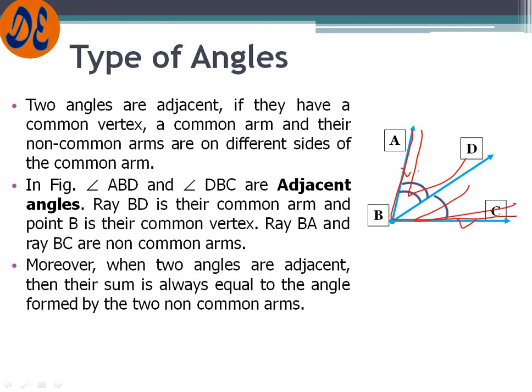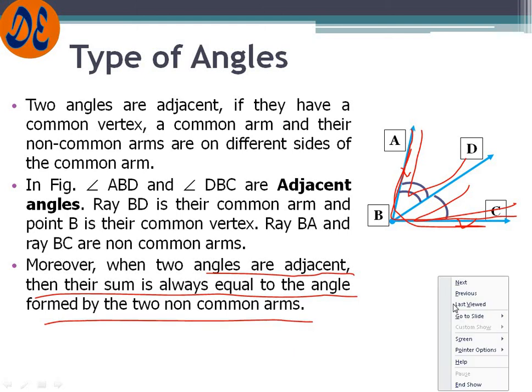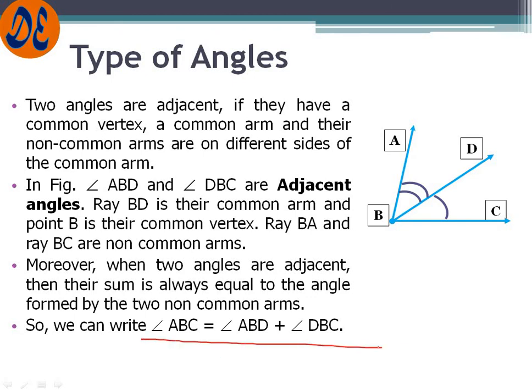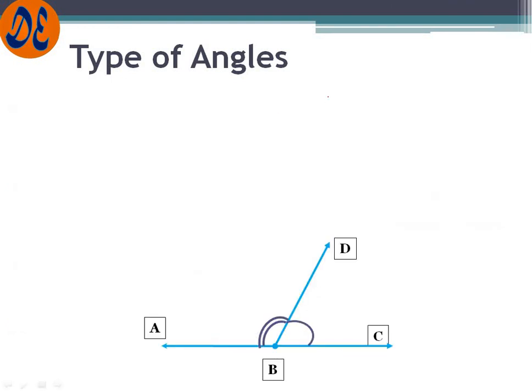So if we add two angles, we will get this angle. So this is the statement saying that when two angles are adjacent, then their sum is always equal to the angle formed by the two non-common arms. These are very important points that you should remember. It will be used later on. This type of thing will be written later when proving something in this area.